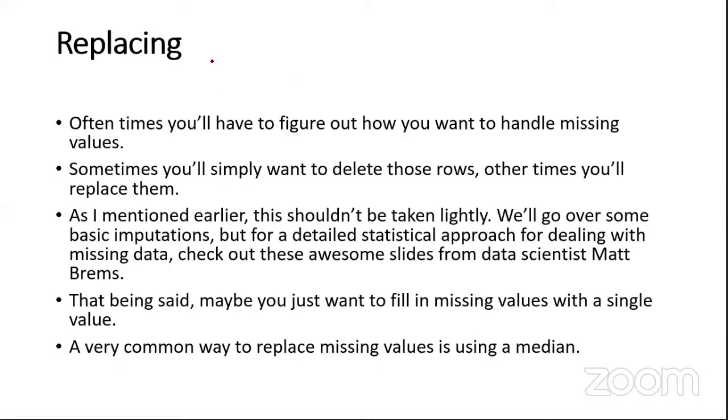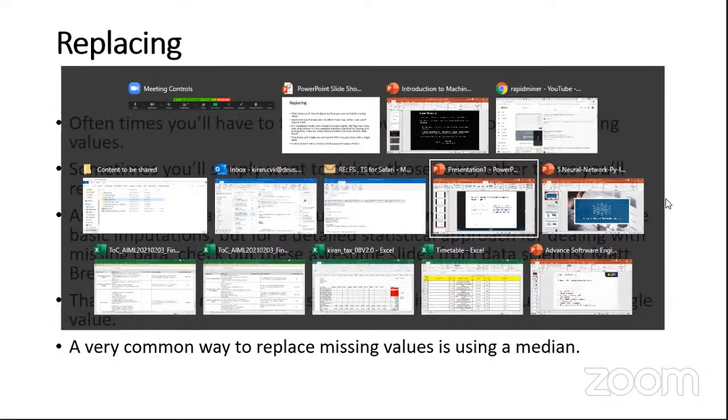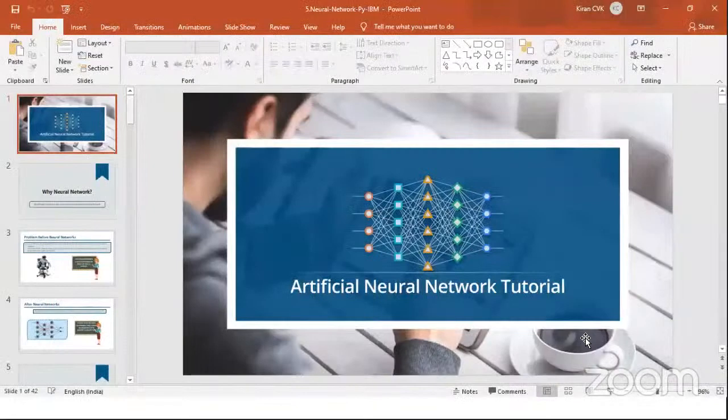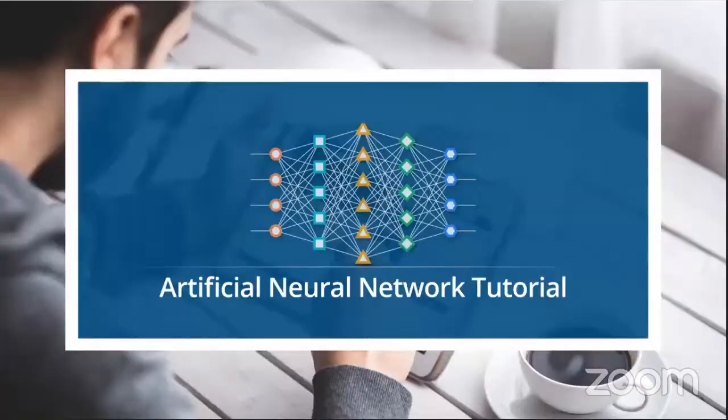Okay, so saying this, let's get into the second topic which we planned for today, which is the introduction to neural network, or what we call artificial neural network. Very, very interesting topic. Before we get into neural networks, we have discussed various things about machine learning.